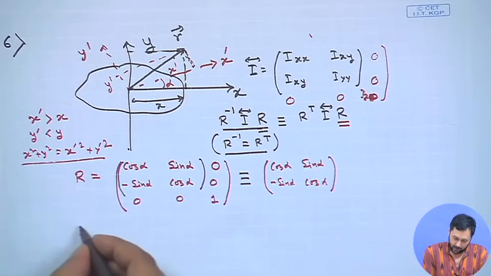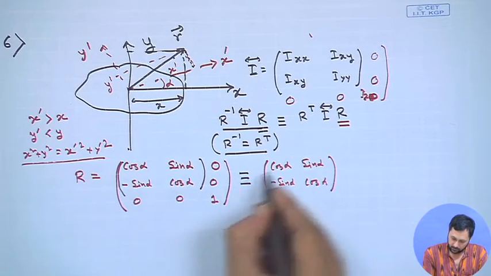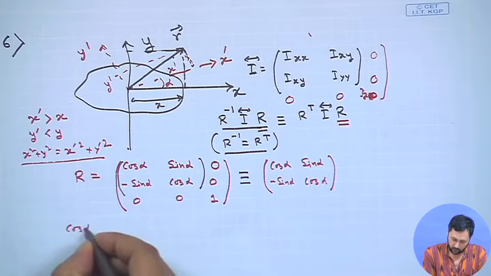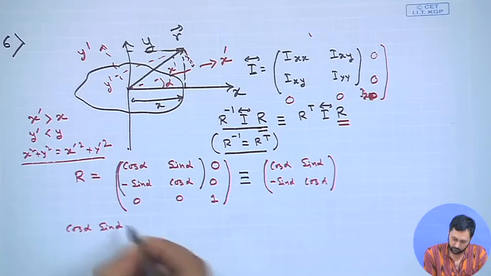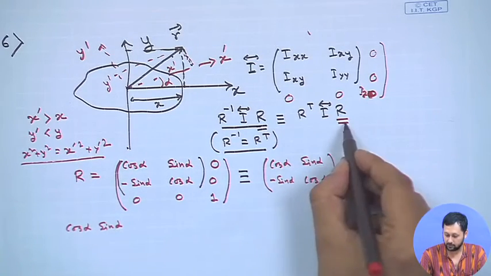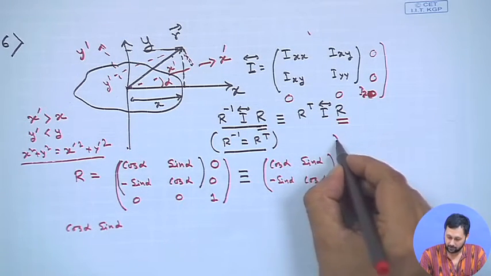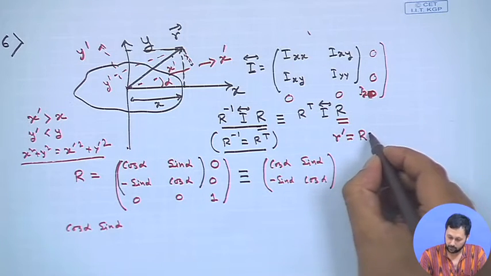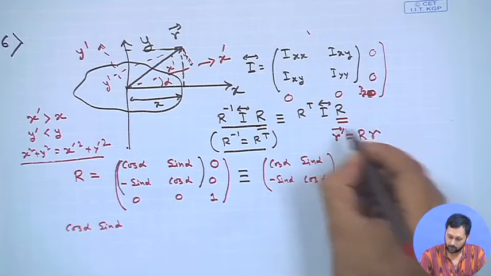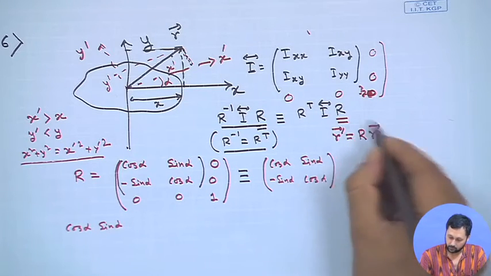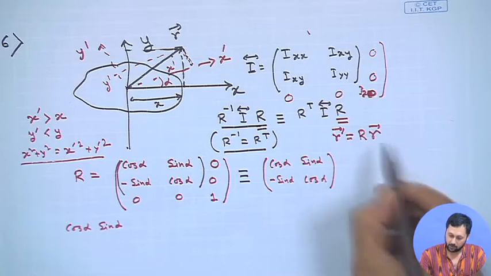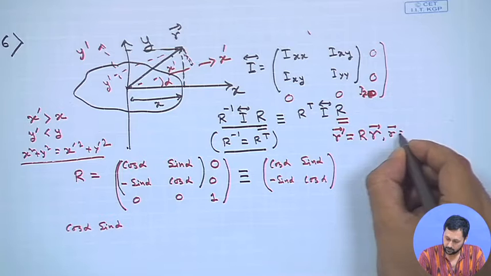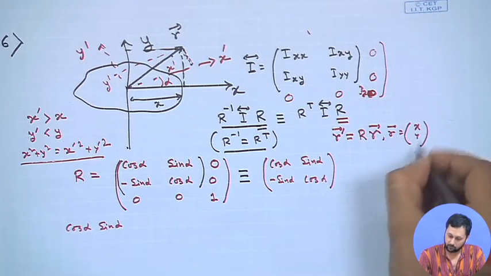Now, if I apply this rotation matrix on r, what do we get? Please remember that this is the rotation of a tensor, a vector is affected by a rotation by this simple relation. So r prime will be the rotation matrix times r vector, and r vector is nothing but a simple column of x and y.